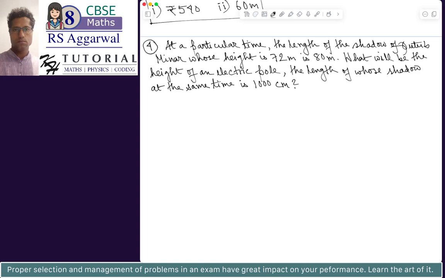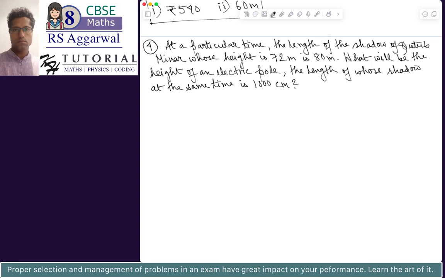Now that object could be a pole, that object could be a tree. So at a specific time, the ratio of the height of the pole and the length of its casted shadow will be equal to the ratio of the height of a tree and its casted shadow. So this is the concept.